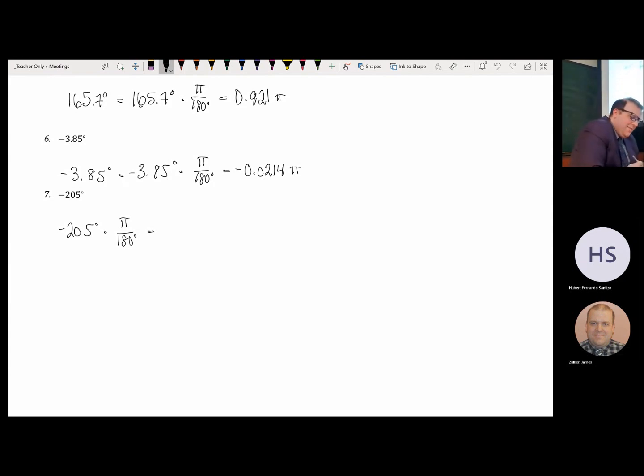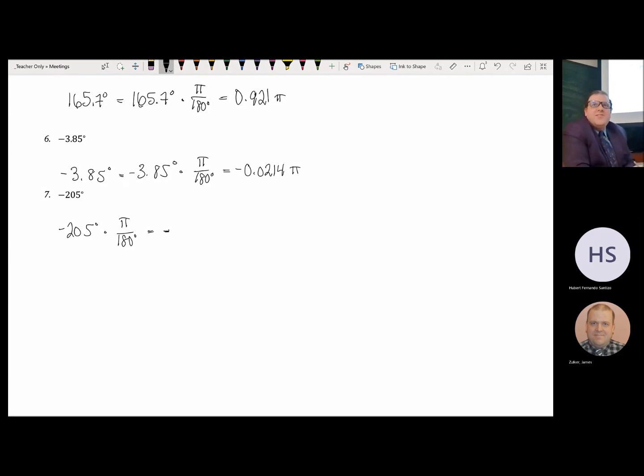We're going to want negative 205 divided by 180. So it's obviously going to be negative. And we do not want decimal form. Do you see a decimal?